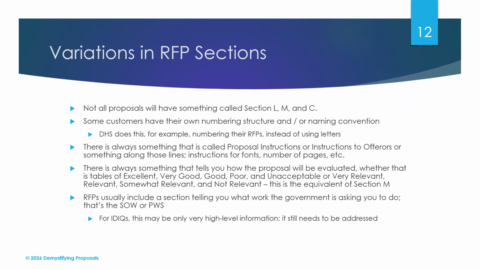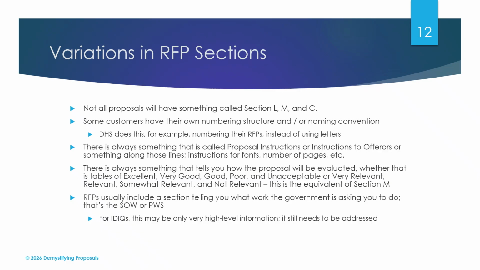We use the term section L, M, and C, but not all proposals will have something called section L and M and C. Some customers have their own numbering instruction or naming convention. The Department of Homeland Security does this, for example, numbering their RFPs instead of using letters. But there's always something that's called proposal instructions or instructions to offerors or something along those lines.